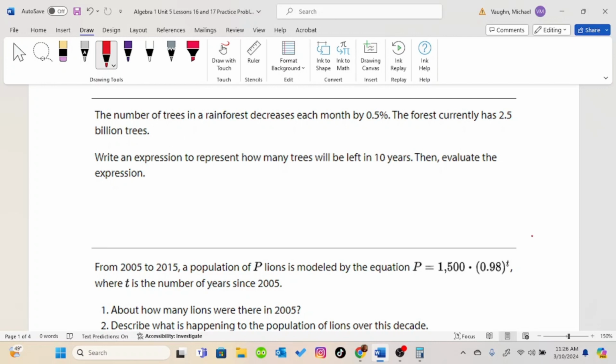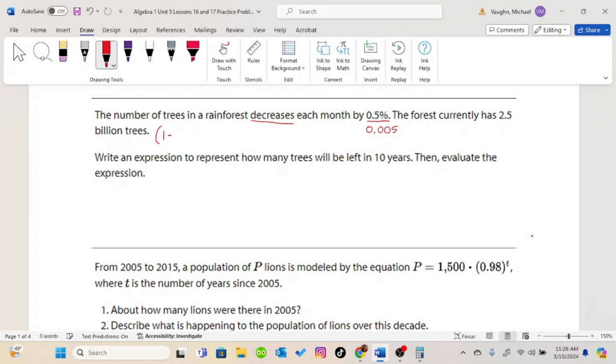So first we need to find our growth factor. If we are losing or decreasing by 0.5%, this is 0.005.